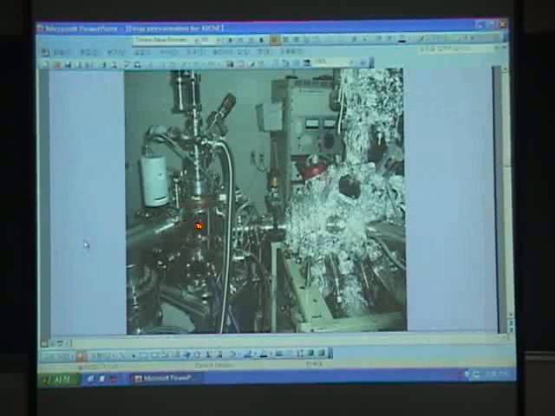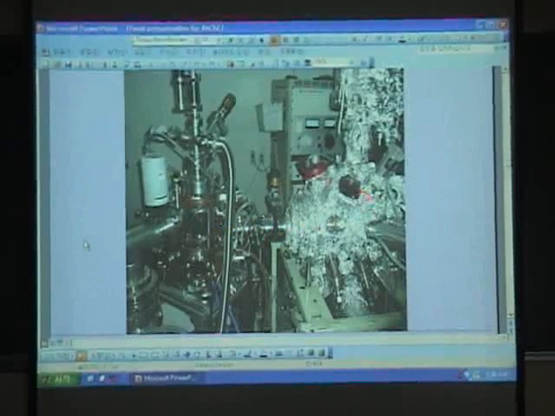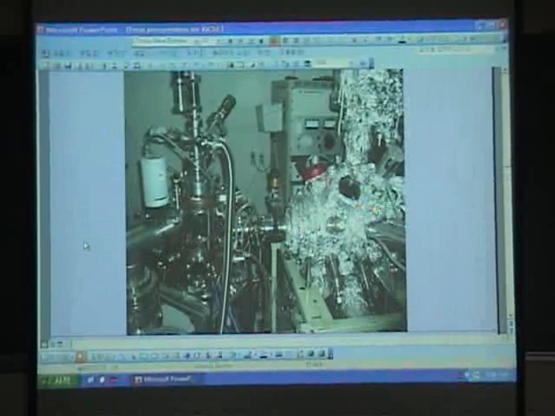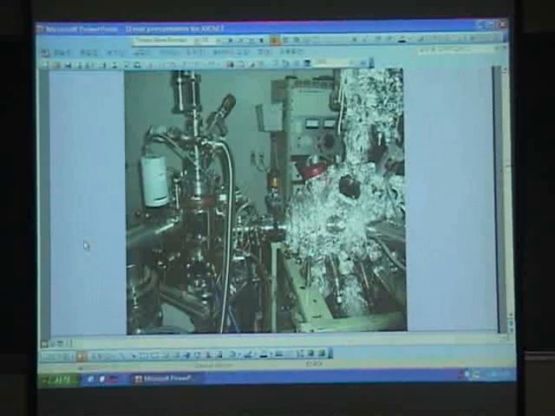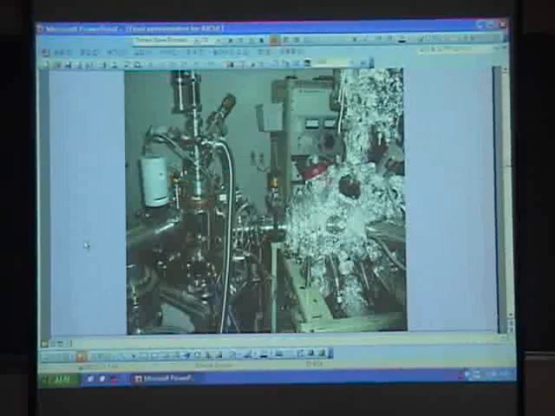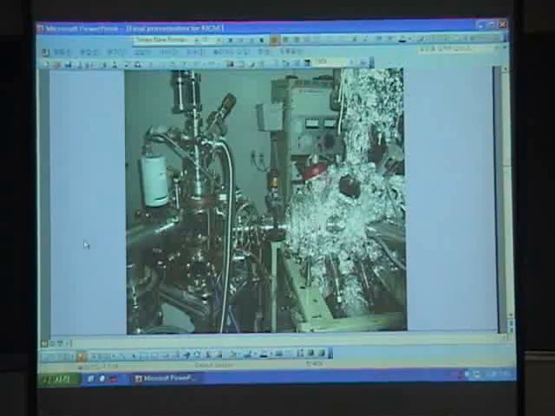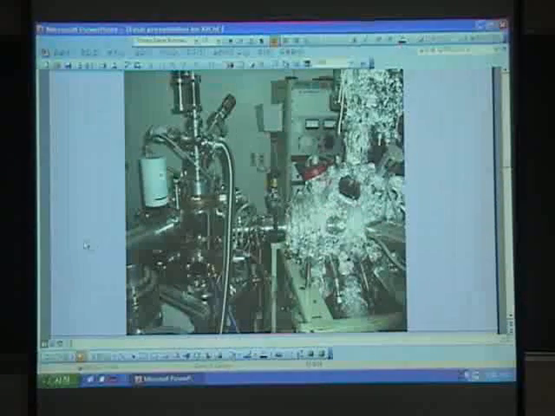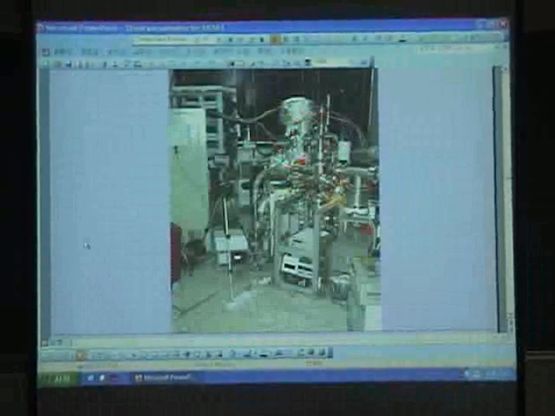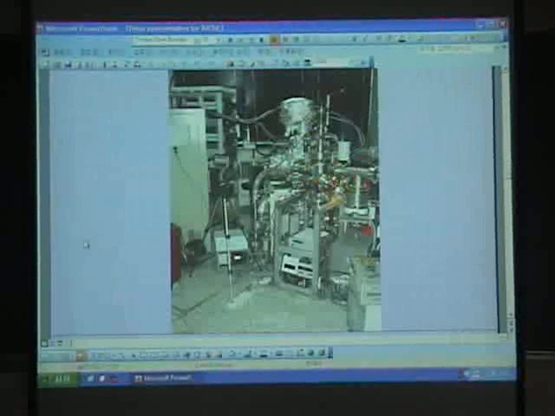After diamond deposition, we use this gate to transfer the sample to XPS analysis, so the sample is not exposed outside. This is very good, and very sophisticated equipment is attached to our system. It is an overview of our XPS and HFCVD system.